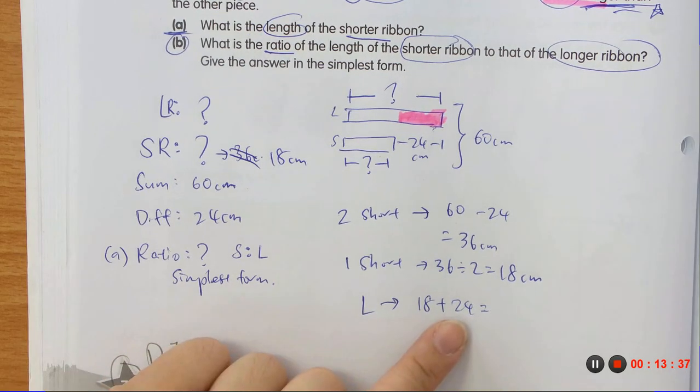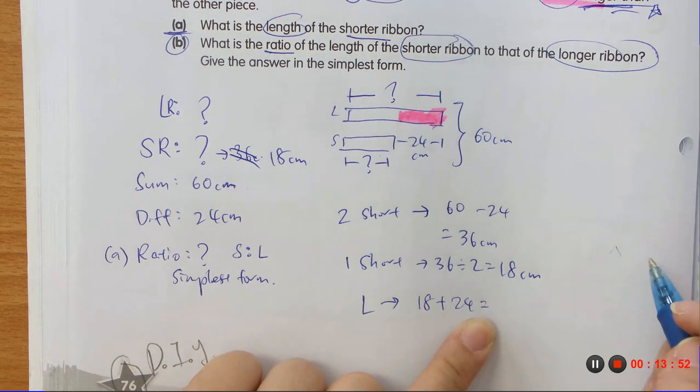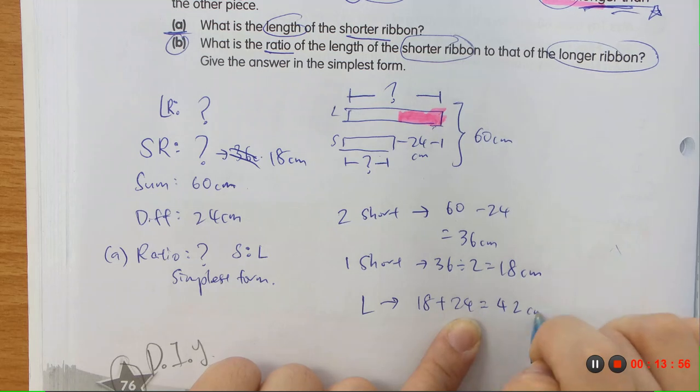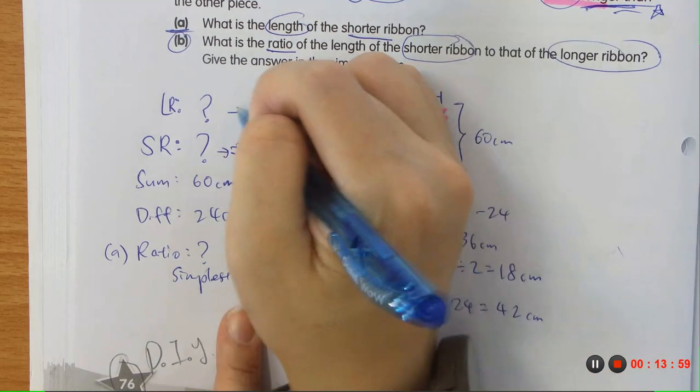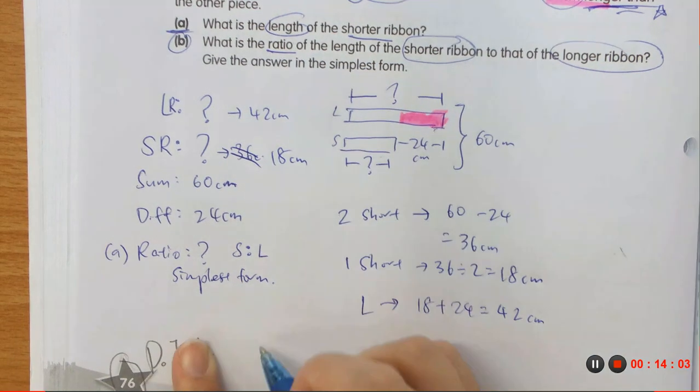Shami, you can answer. 18 plus 24. 42? Okay, 42 centimeter. Is it okay? Then the last part B.